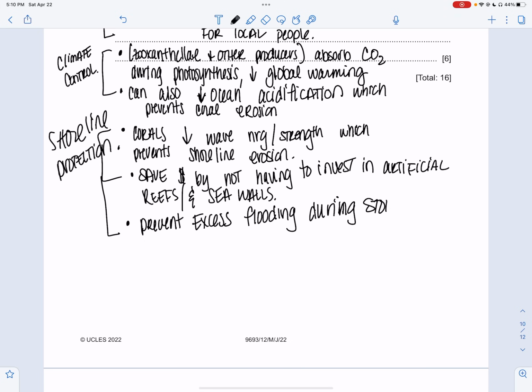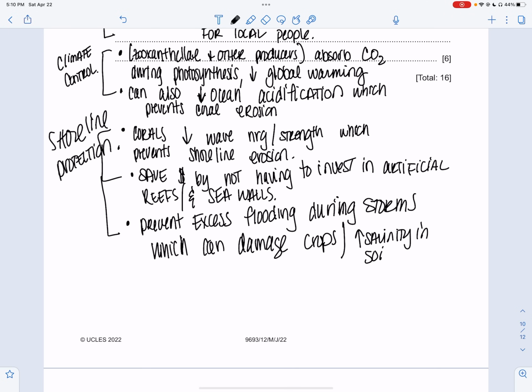During storms, which can damage crops or increase salinity in soil. Oh, that works.